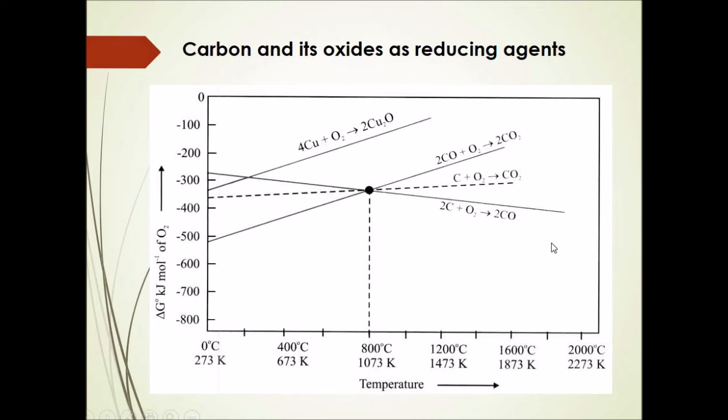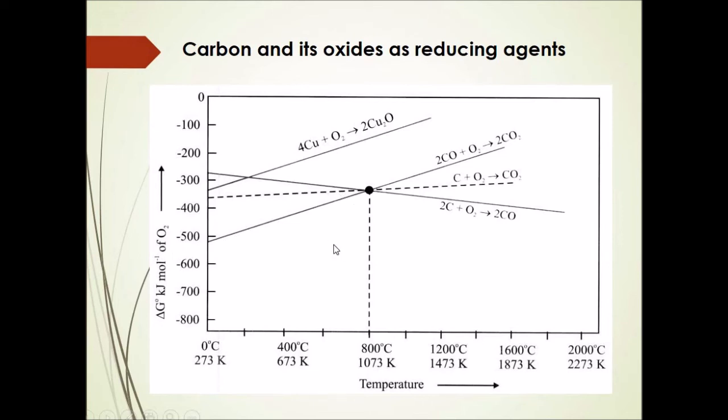And you can also make a note of the slopes of carbon monoxide to carbon dioxide and carbon to carbon monoxide at temperatures below 1073 Kelvin. Please remember this: at temperatures below 1073 Kelvin, the slope of carbon monoxide to carbon dioxide lies below, and the slope which lies below acts as a better reducing agent.